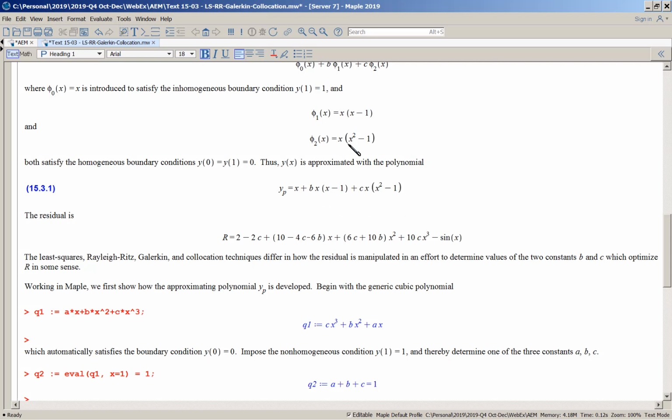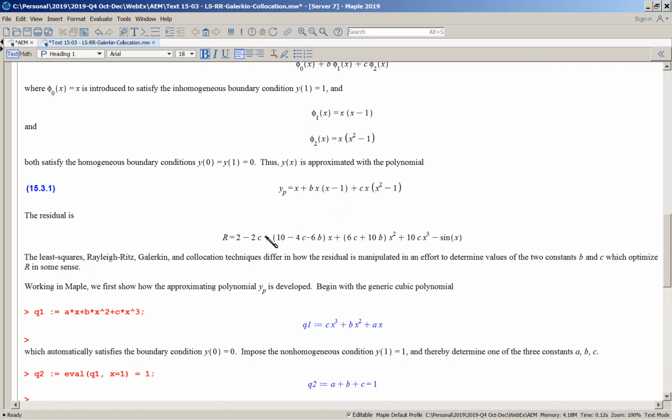And notice that this approximation satisfies the boundary conditions. It's chosen to satisfy them. At 0, clearly this vanishes. At 1, these 2 terms vanish, and that x will be 1.